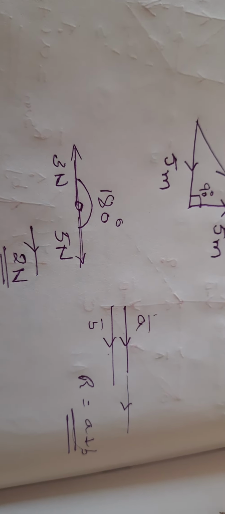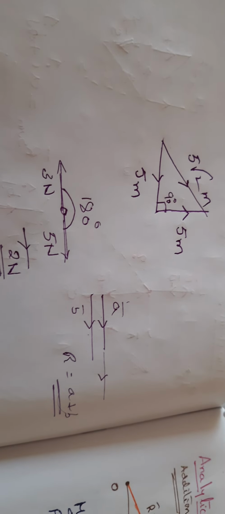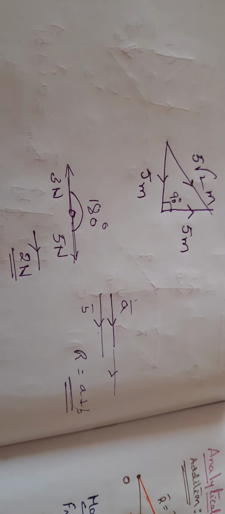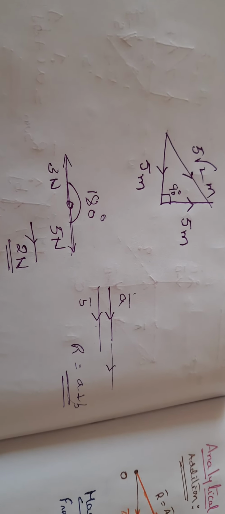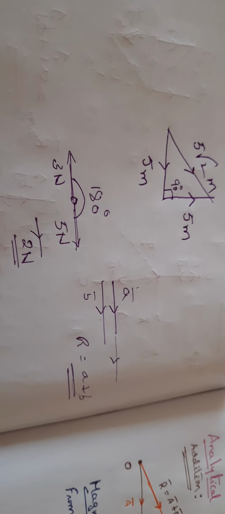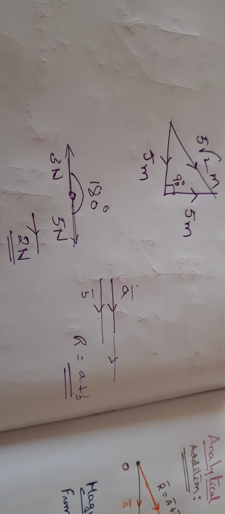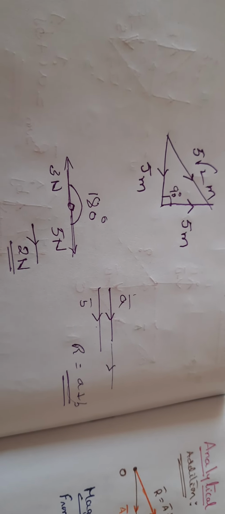So if the angle is 90 or 0 or 180, definitely we will be able to add and find the resultant of the vectors from the basic geometrical conditions, just applying all that, right?